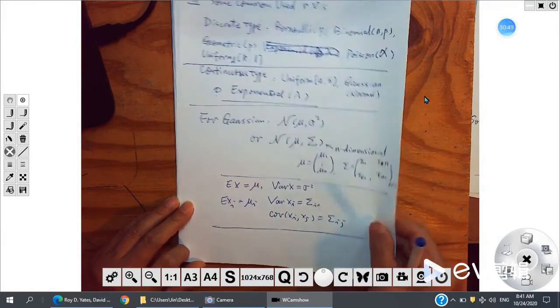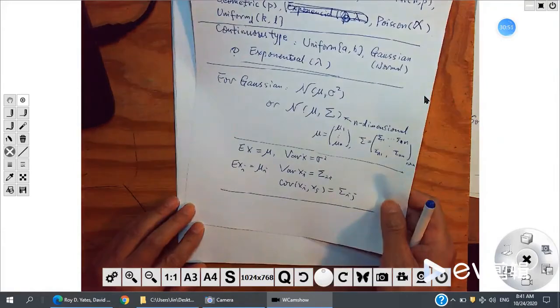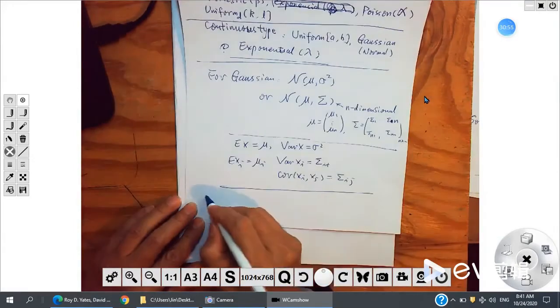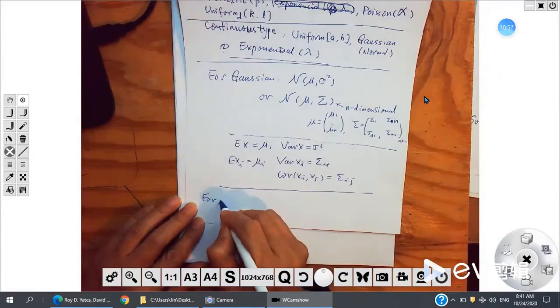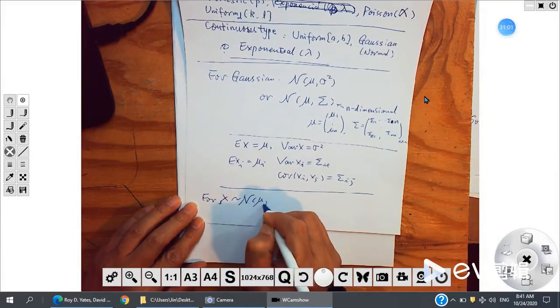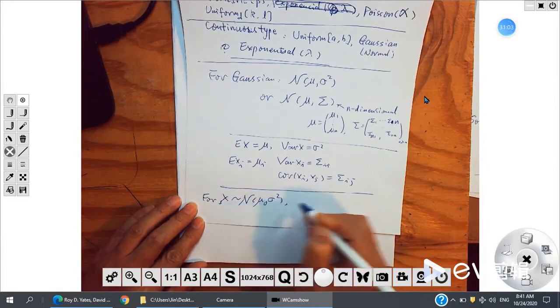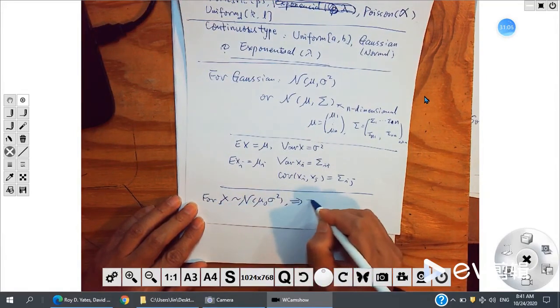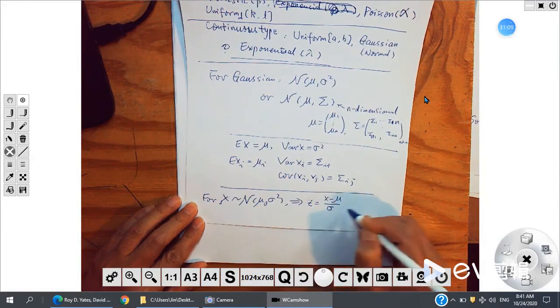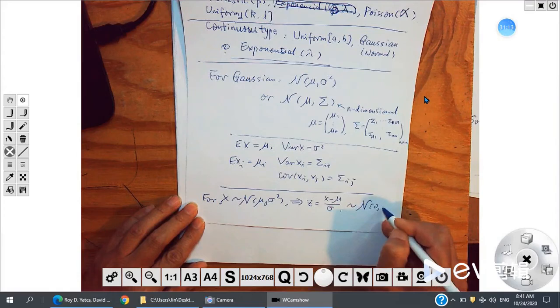And what else do we have? For the Gaussian, for x obeying a normal distribution with mu and sigma square, let z equal x minus mu over sigma. Then this will obey a normal distribution with zero mean and unit variance.